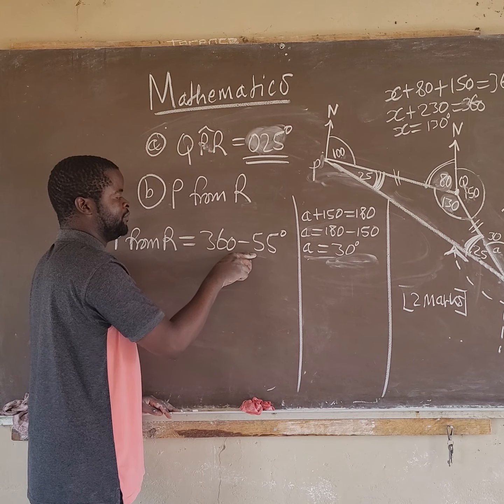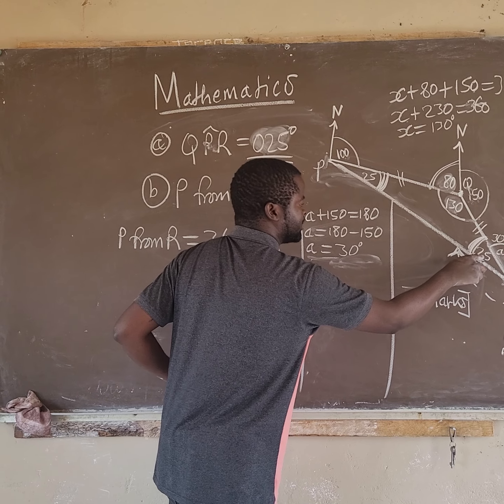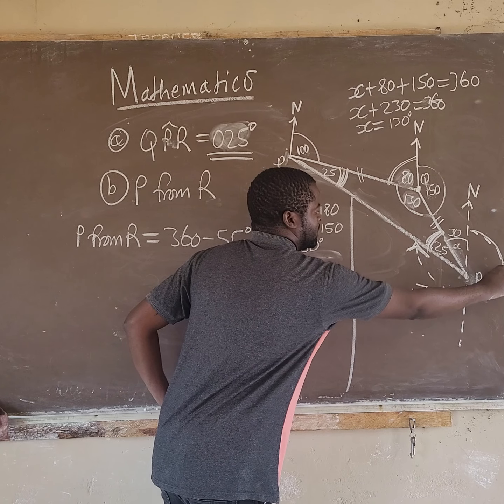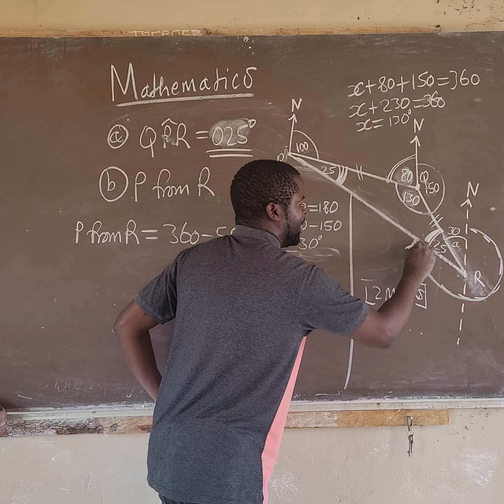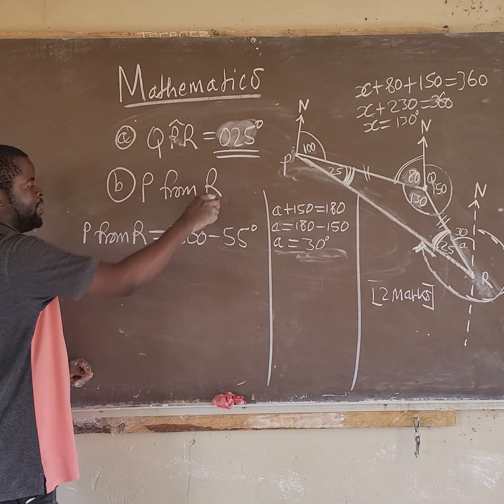Where is this 55 degrees coming from? I have considered picking 30 degrees here plus this 25 degrees so that I can get the size of this particular angle. That is the bearing of P from R.